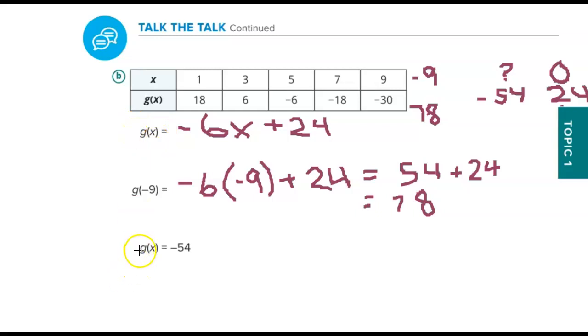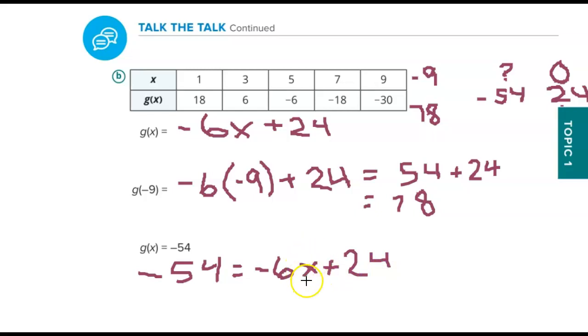And we know in this case that g of x is -54. So we can just substitute that in for g of x in our function. And then we write the rest of our function, -6x plus 24.